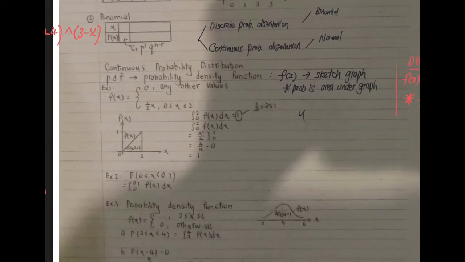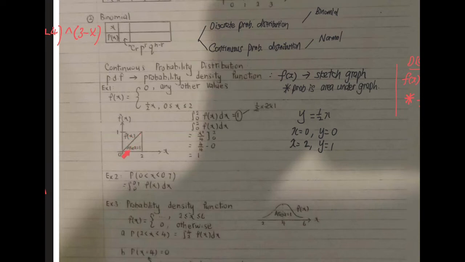y equal to half x, or f(x) equal to half x. So when x equal to 0, y equal to 0. When x equal to the greatest value in the interval, 2, y equal to 1. I substitute into the function, then I get 2 points: (0, 0), which is here, and (2, 1), which is here.